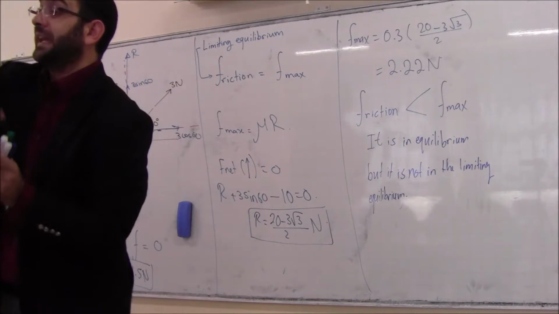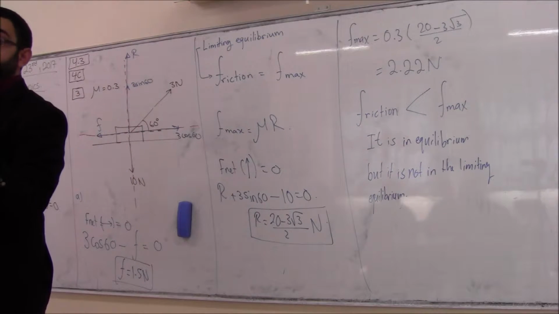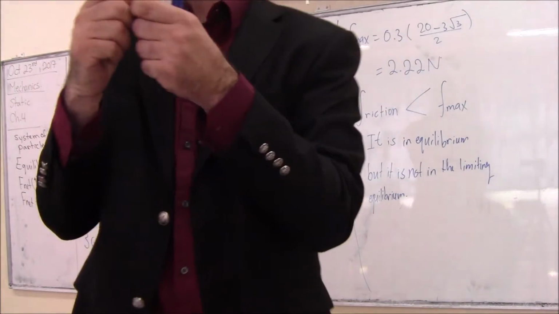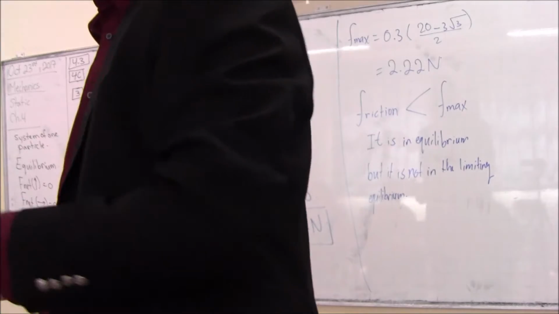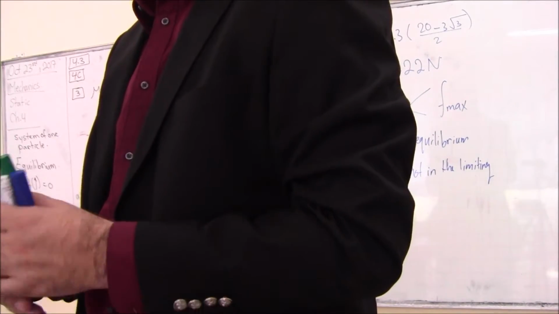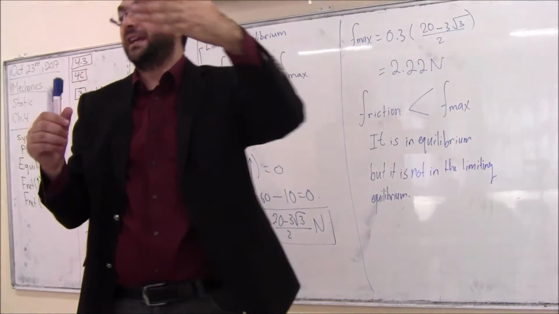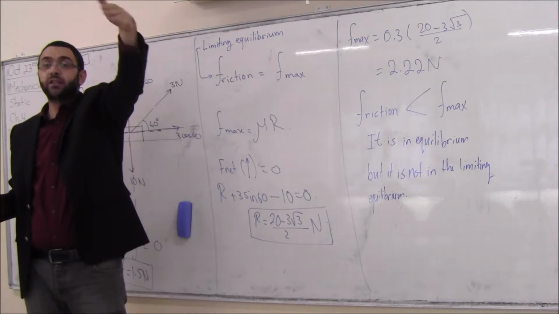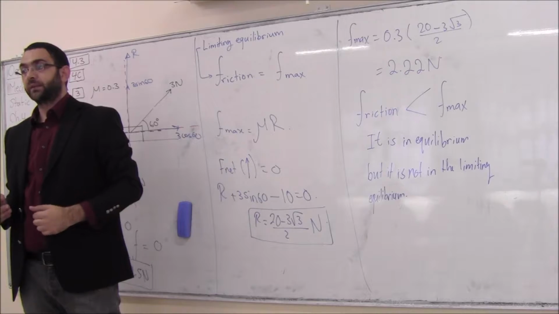So let's say it's the end point of equilibrium. Beyond this point the object is no longer in equilibrium. That's why it's called limiting: it's the end, the maximum, the extreme of the equilibrium.